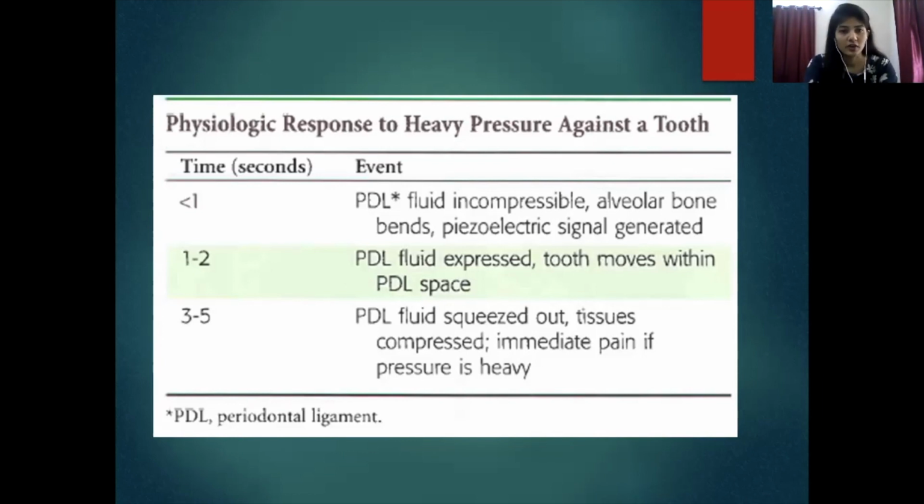It's all about the time. If it is for 3 to 5 seconds, the PDL fluid is squeezed out of the space and the tissue is compressed, and immediate pain is the first response because of the heavy pressure on the teeth.